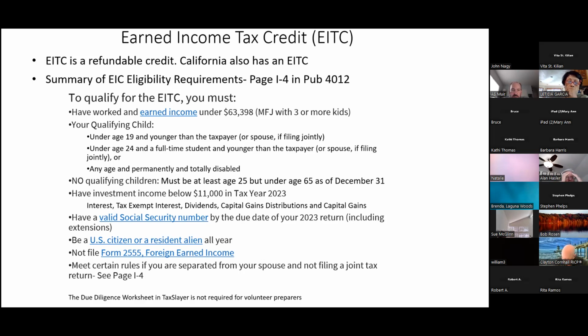Let's say someone comes to the VITA site and maybe they've got some earned income and they think they're eligible, but they've sold some stock and they've got a gain of, let's say, $12,000 on their stock. They held it for a number of years. That would make them ineligible for EITC, even though they've met most of the rules. You've got to meet all the rules.